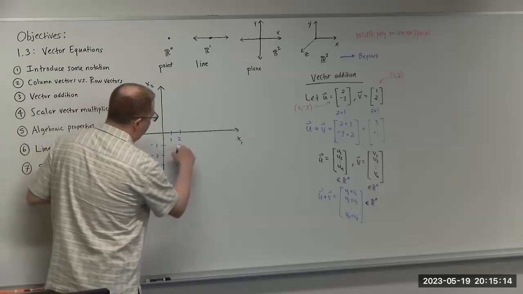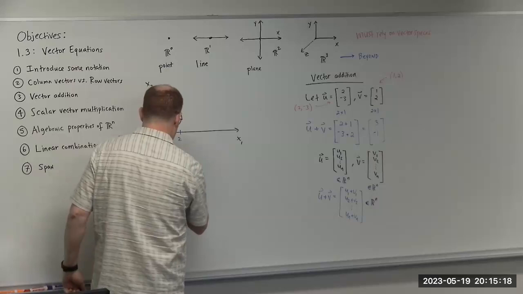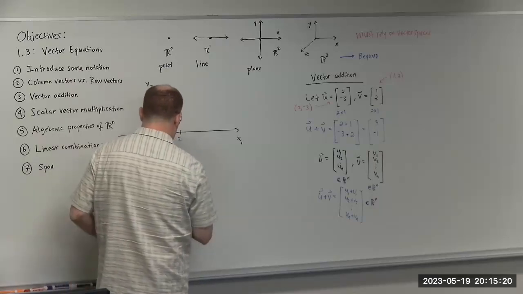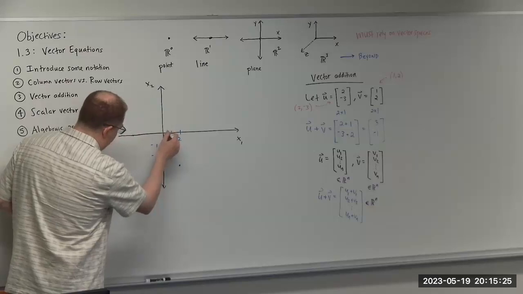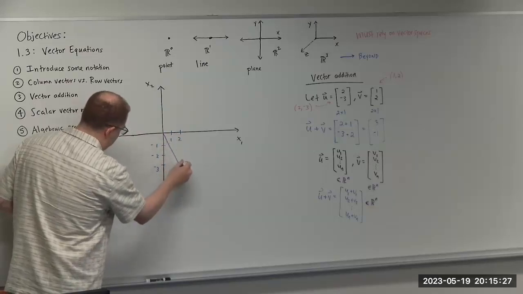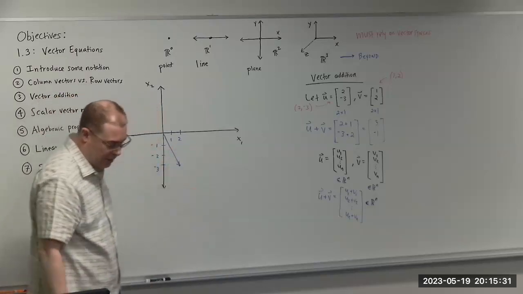So 2 in this direction, and then down -3. All right, so let's go ahead and draw our ray. That ray represents the vector 2, -3.